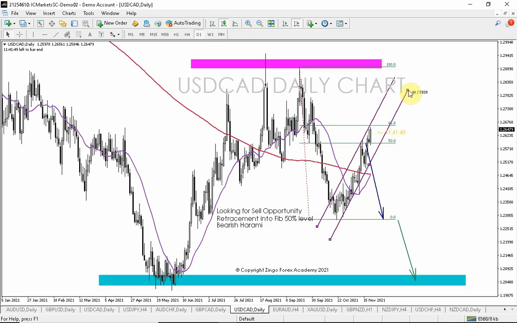Perhaps price will find resistance at Fibonacci 61.8 here and push down. I still expect this market to break down to this level. Perhaps this is a structural level, but nothing has happened here. We're on the daily chart. We'll continue to monitor this market.